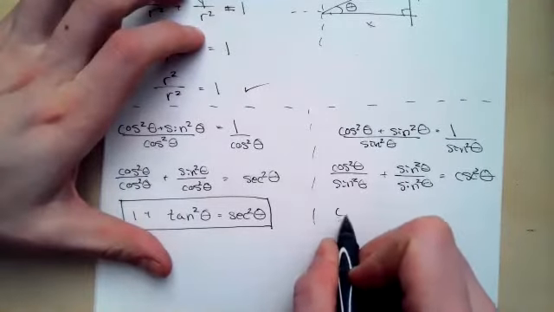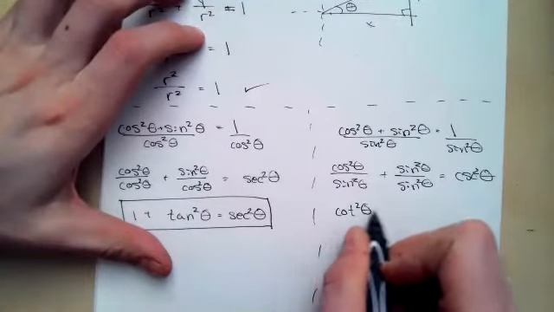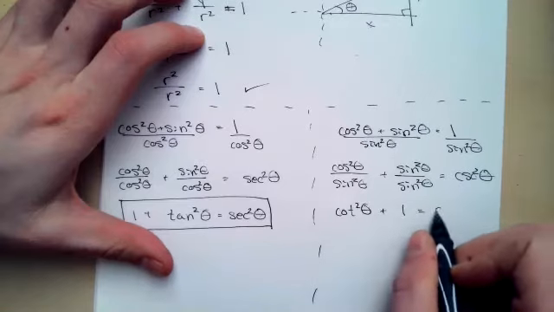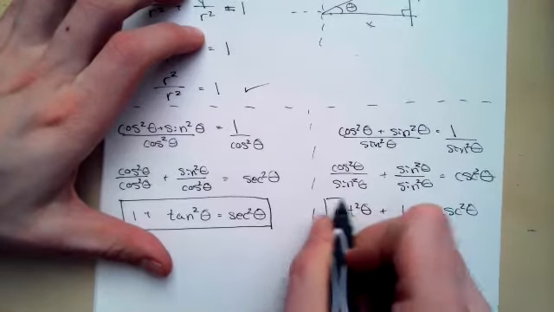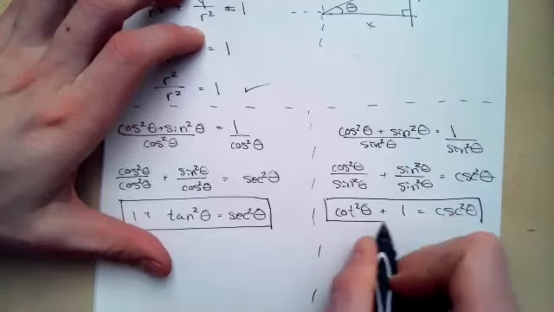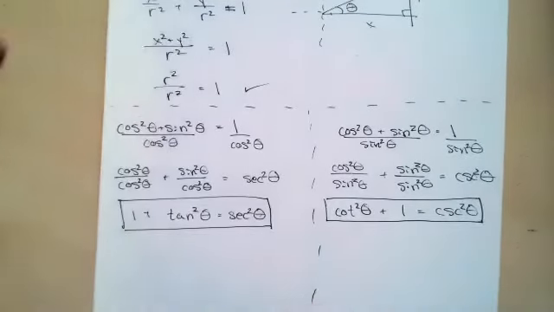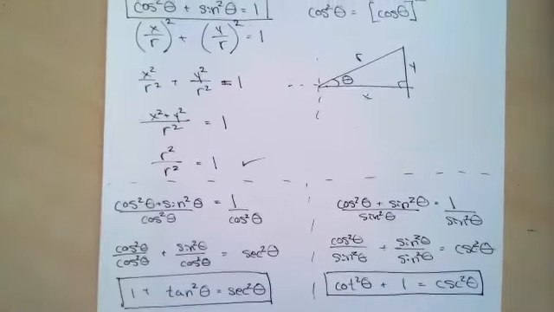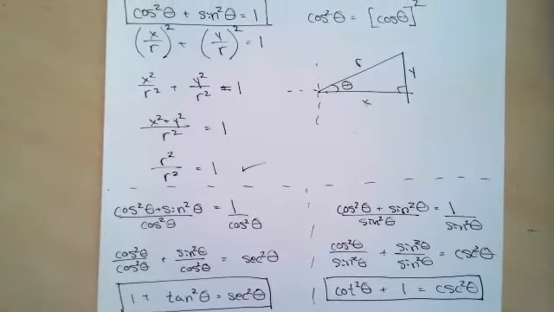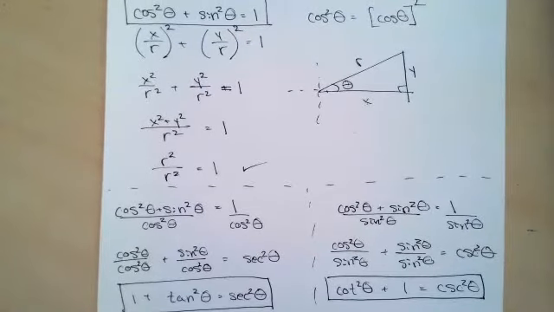And so here we'll get cotangent squared plus 1 is cosecant squared. Not sure if I can get all those on screen. Looks like we can just barely. So those are the three Pythagorean identities.